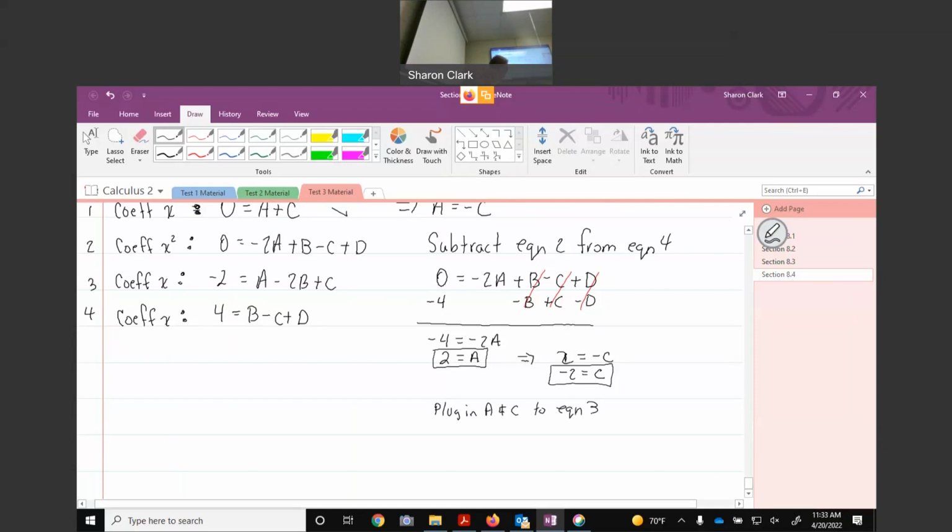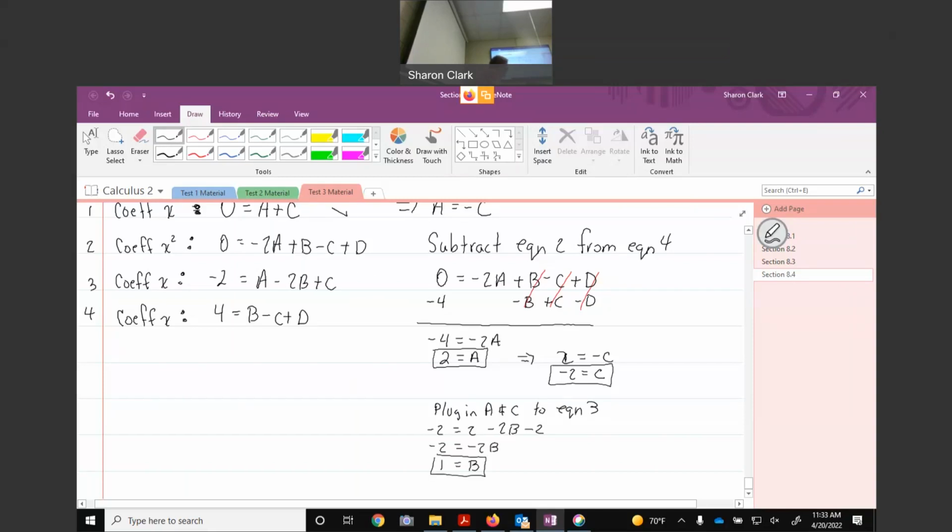Negative 2 equals 2 minus 2B minus 2. So negative 2 equals negative 2B. Divide by negative 2, you get 1 equals B.